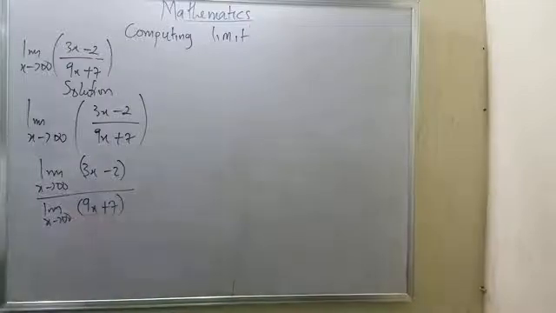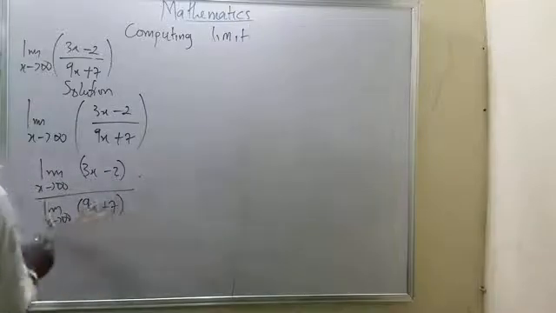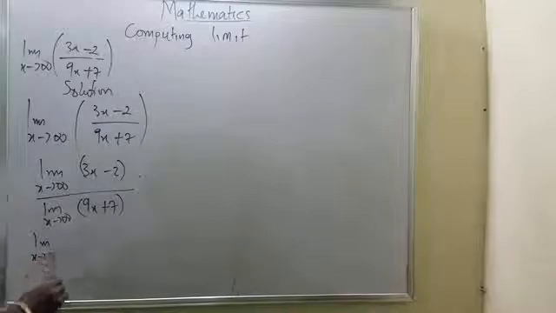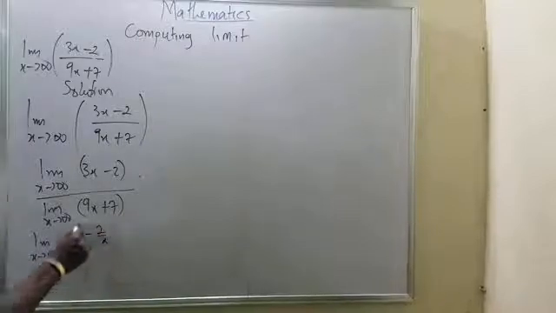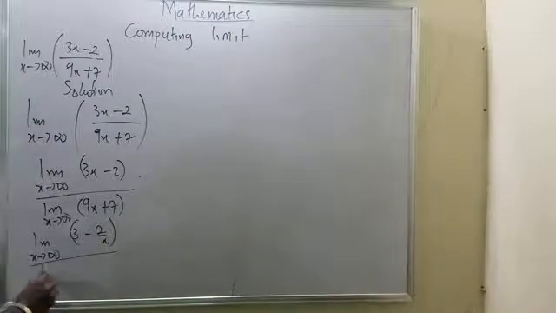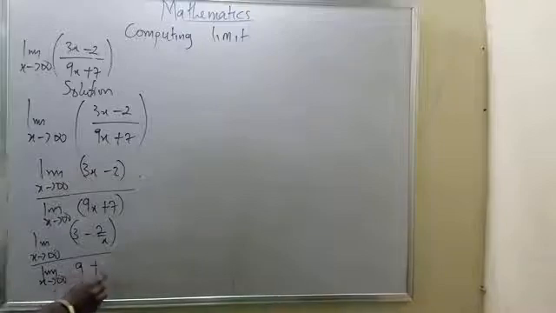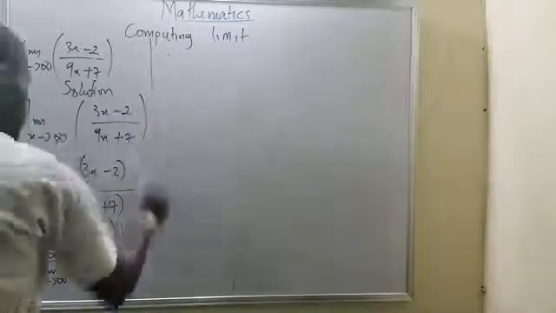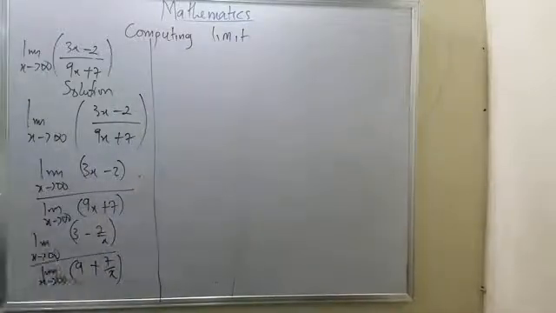Now, I can continue by dividing through by x, which is the same thing: the limit as x tends to infinity of 3 minus 2 all over x, divided by the limit as x tends to infinity of 9 plus 7 all over x. Now at this point I can take the limit of my function.